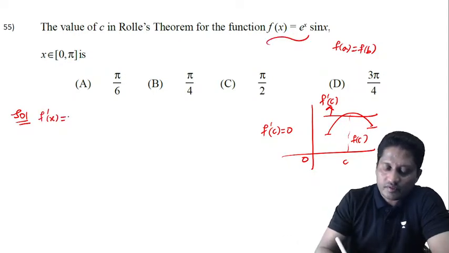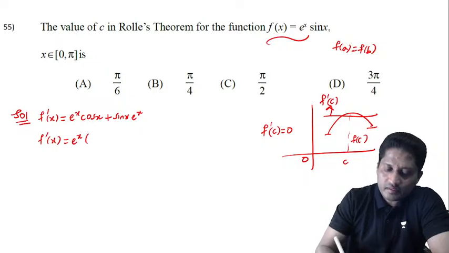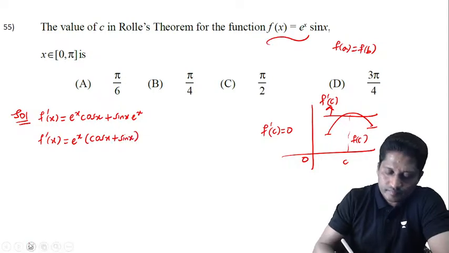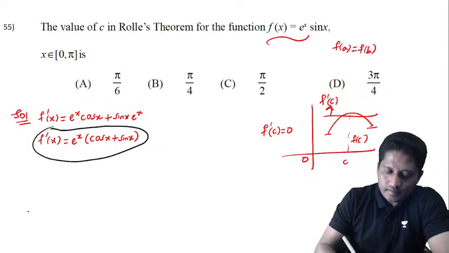F dash of x is equal to first function into differentiation of second function, which is cos, plus second function, which is sine, and differentiation of e to the power x is e to the power x. I'm going to take e to the power x common. Left out is cos x plus sine x. Right, now f dash of c is equal to 0.